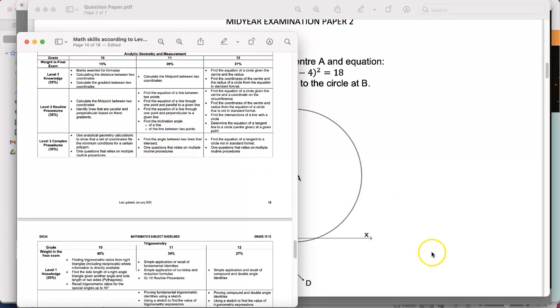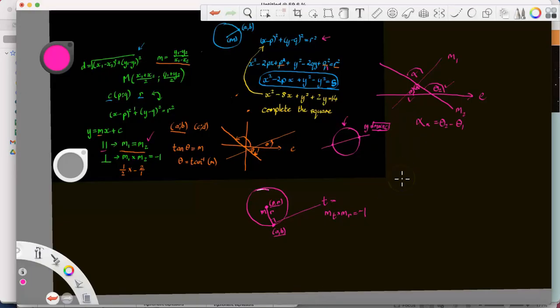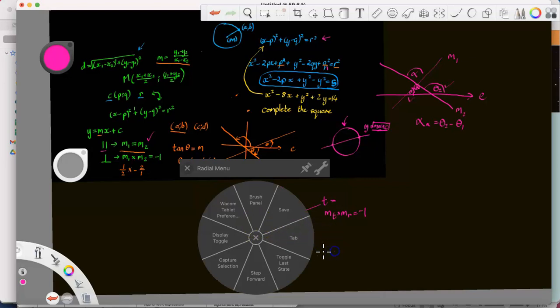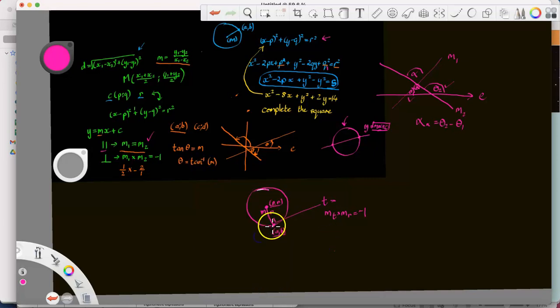So a normal routine procedure will just be to find the equation of a tangent line to a circle. Now, but what if they don't give the circle to you in standard form? Or, for example, what if you don't know the tangent point?